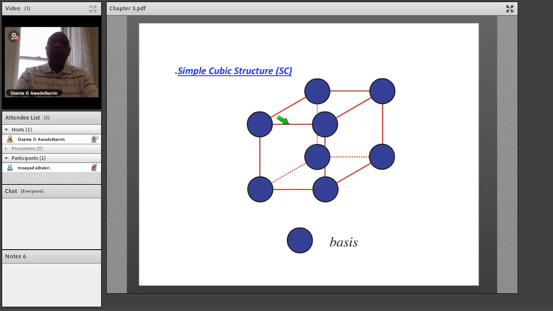Now, if you want to extrapolate that and go to three-dimensional space, then you have a cube. So each side of this cube is the same, right? And at each corner of the cube, we have a lattice point. And you can see that in each lattice point now, we have placed a core or a basis. So this may be one single atom, or this may be so many atoms placed at each corner.